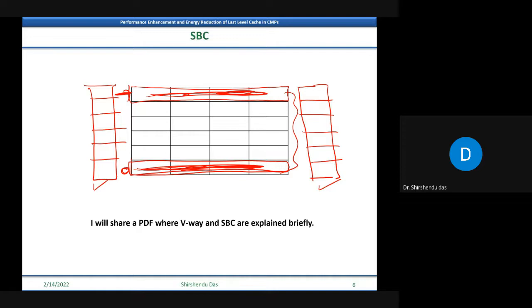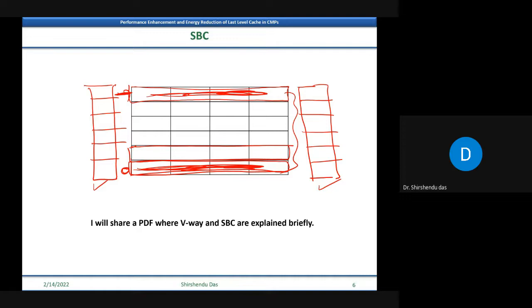This sequential search is the main problem of SBC. Suppose set 1 is heavily loaded and we have assigned two sets, meaning the last two sets, to this heavily used first set. In that case, you have to sequentially search all three sets to find out whether the block is a hit or a miss.